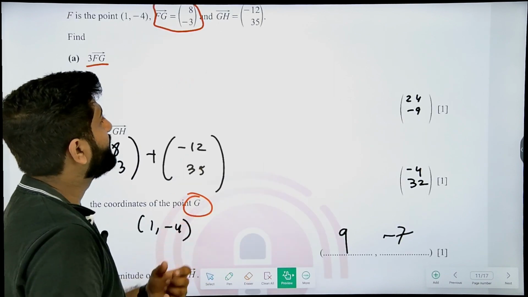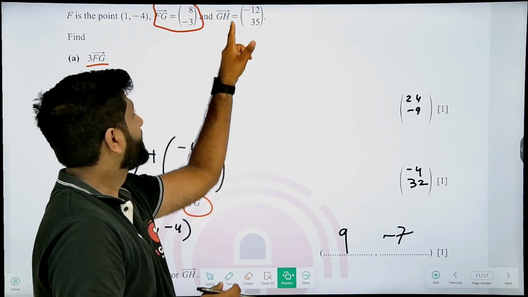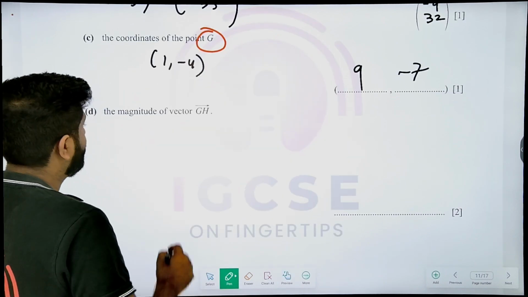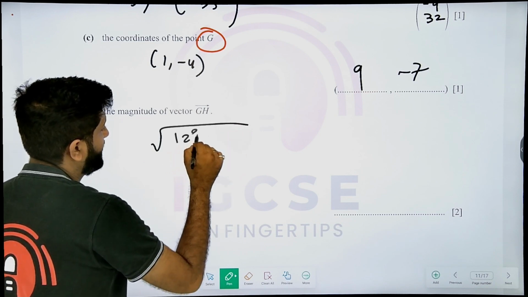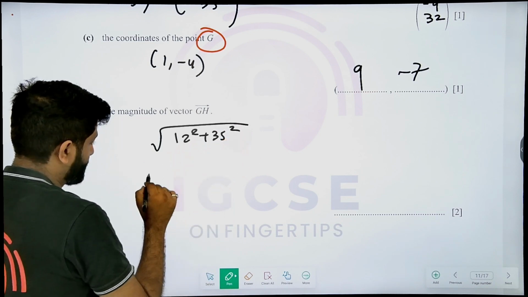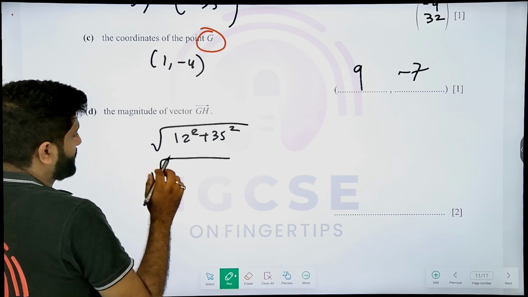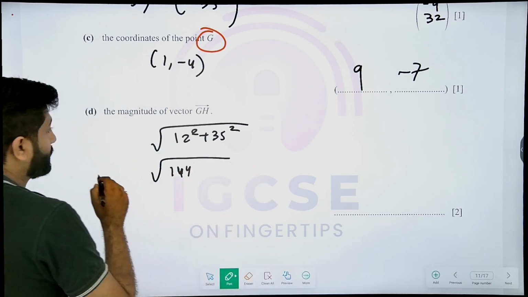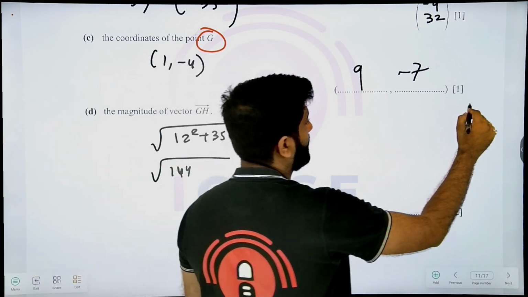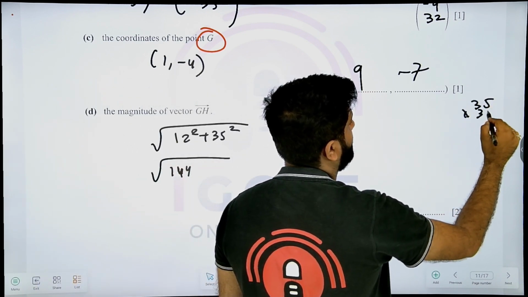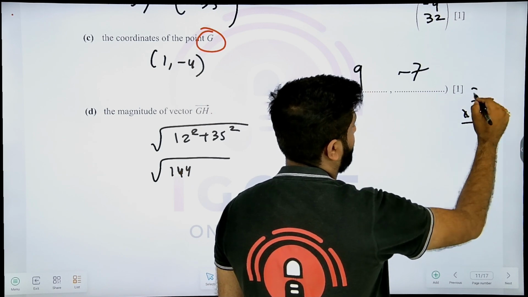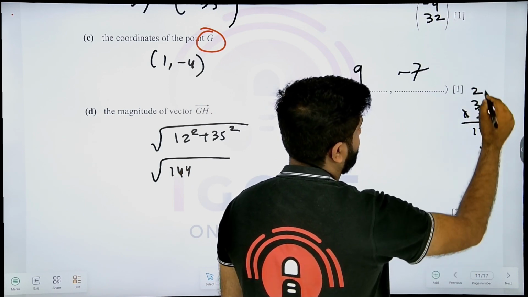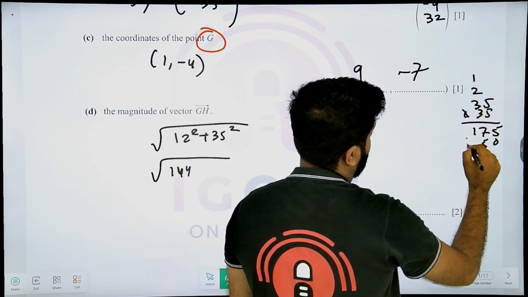Guys, I have already said the magnitude is nothing but root of 12 square plus 35 square. So I think I already know 12 square is 144 and I will have to find 35 square. So let me just do the multiplication over here. You have 35 times 35: 5 5s are 25, 5 3s are 15, 15 plus 2 is 17, again 5 3s are 15, 3 3s are 9 plus 1 is 10.